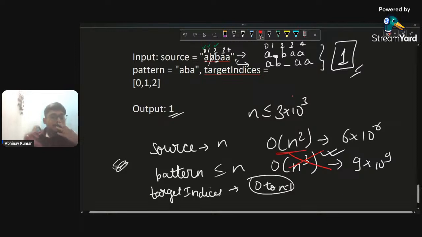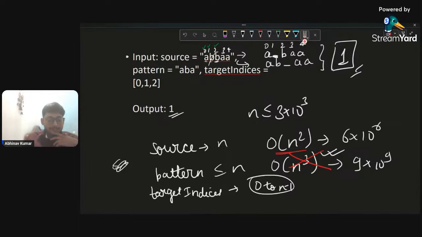Now if you can do an O of n square with the constraints only, sometimes you get an idea of what you can do, and with this maybe you would have got a feel that we can use DP here. You can try some greedy approaches, but any greedy approach was not exactly working.